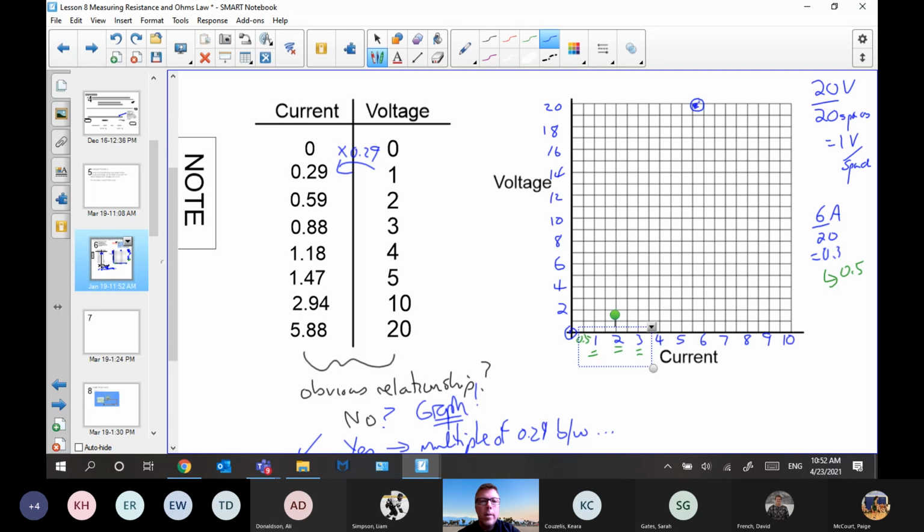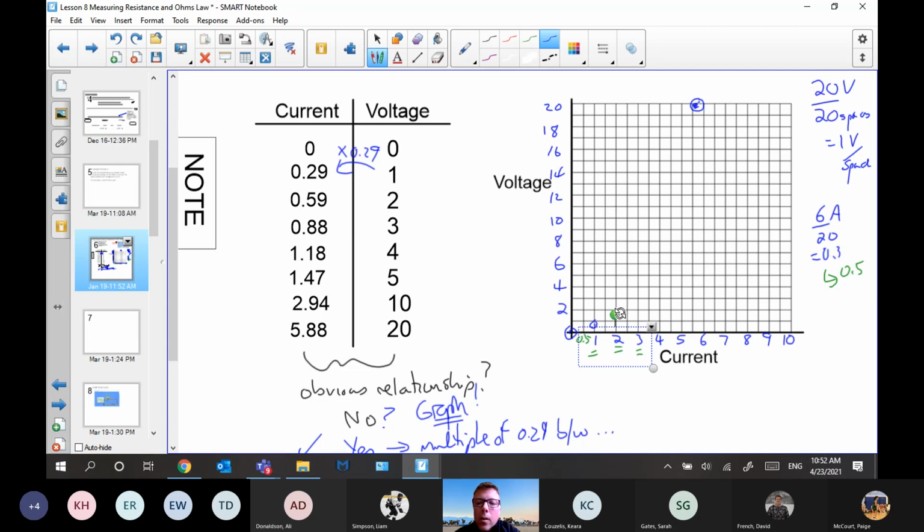Oh, wait. What am I doing? Is that right? 1 is 0.29. I feel like I'm doing something wrong here. What's going on? I'll just keep going, I guess. So the 1 is the 0.29. I should be getting a straight line, but it's not working right now.